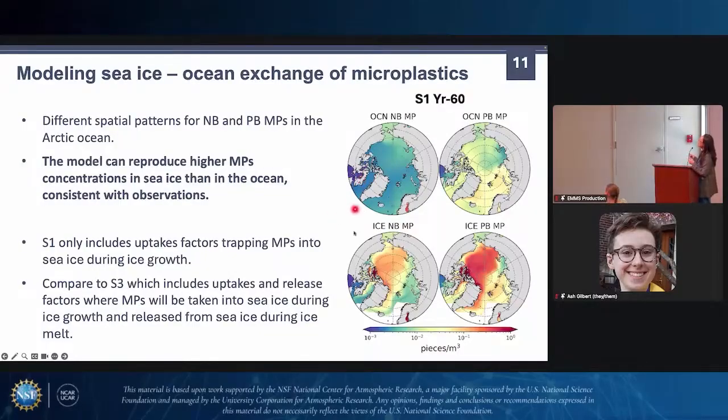And secondly, the model can really reproduce higher microplastic concentrations in the sea ice than in the ocean, which is quite consistent with observations. But note that this simulation only includes uptake factors trapping microplastics into sea ice during ice growth. And we want to know if there is any effect from the release factor.